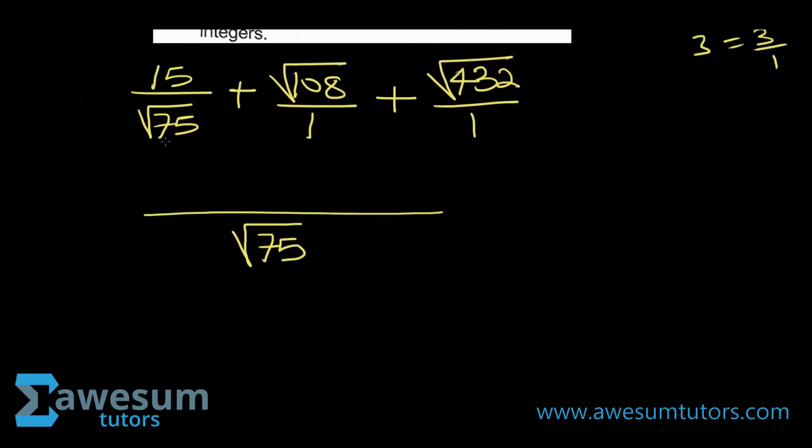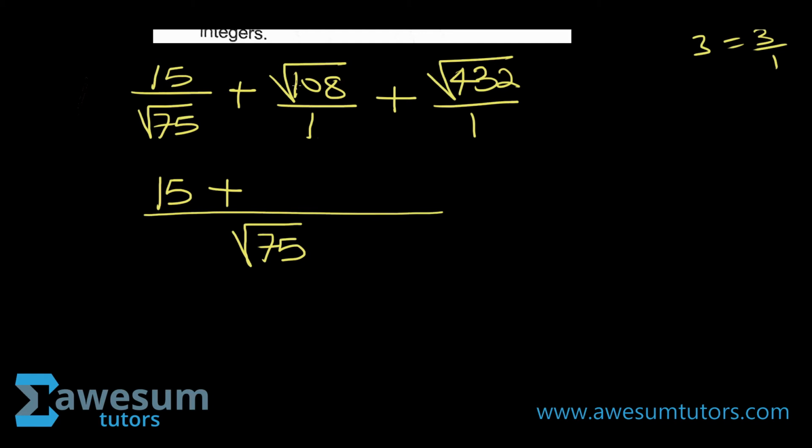Okay, how many times does root 75 go in root 75? That's going to be 1 time. 1 times 15 is going to give us 15. Plus, how many times will 1 go in root 75? It's going to be root 75.